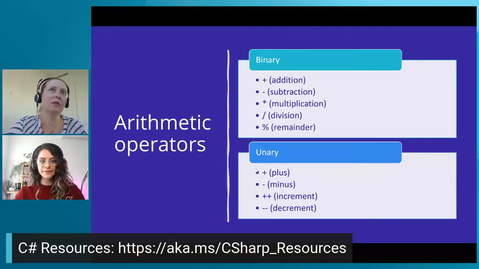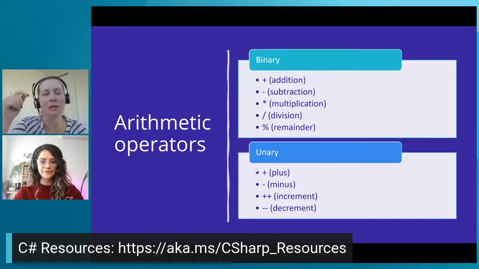So you have plus, minus, the star or asterisk, the slash for division, and then the percentage for remainder, like the modulus of a division. And then you have the unary operators, plus and minus, which work on a single element. If you just want positive and negative numbers, you can use the plus and minus.